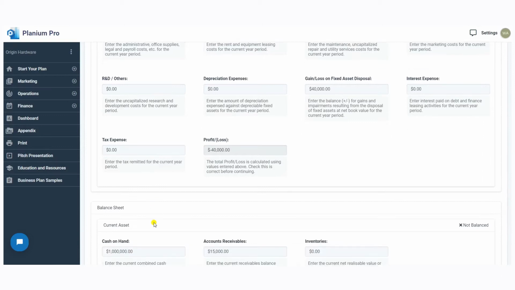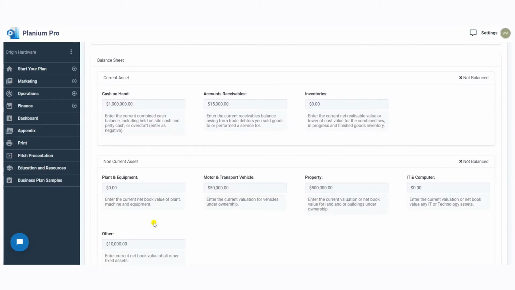Next, we move to the balance sheet statements values for the current period, which depicts the total assets, liabilities, and shareholders' equity of your company on a date chosen earlier. Assets are split into the current assets, which are typically what a company expects to convert into cash within a year's time, such as cash on hand, accounts receivables, and inventories.